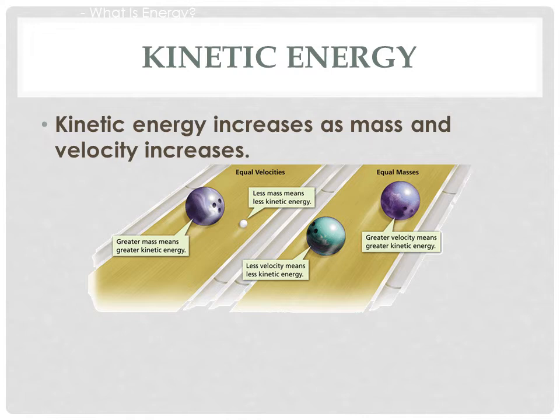The first one shows that there are two balls, a big one and a small one, but both balls are moving at the same velocity. It is mentioned here that they have equal velocities, but still there is a difference in their kinetic energy. You can see that greater mass means greater kinetic energy, less mass means less kinetic energy.